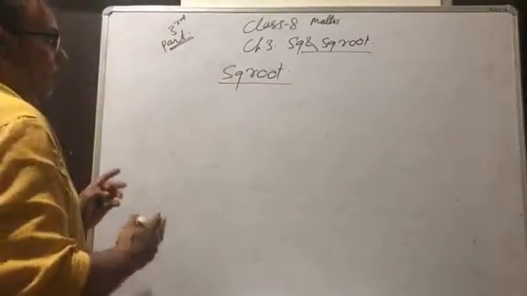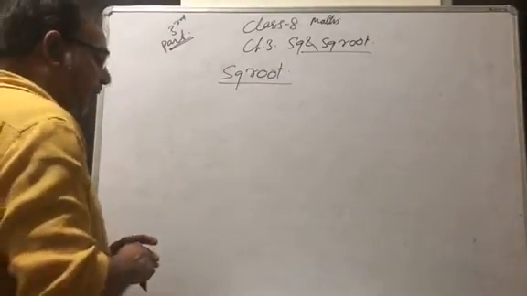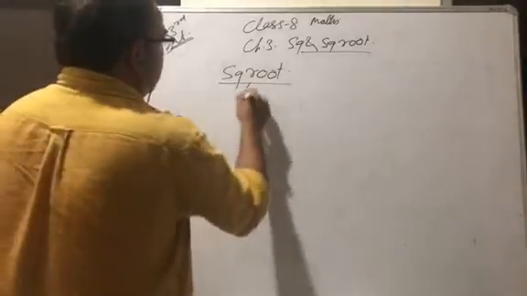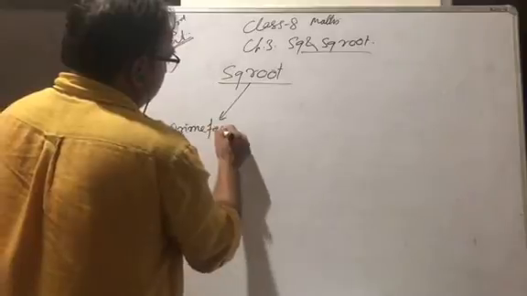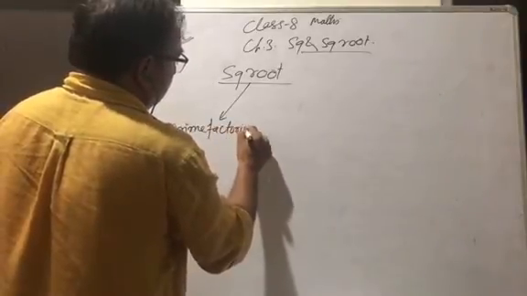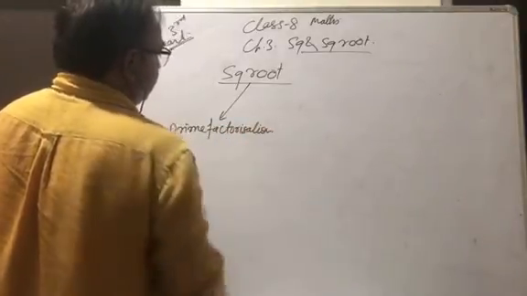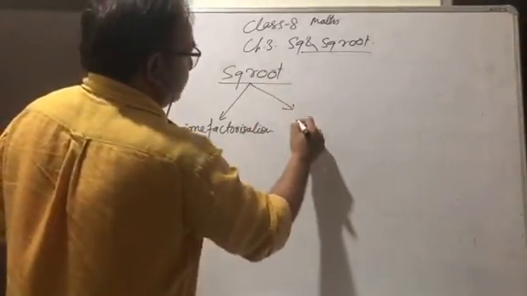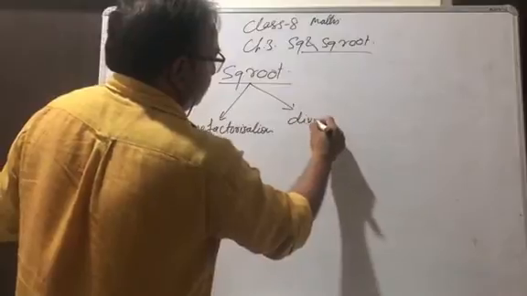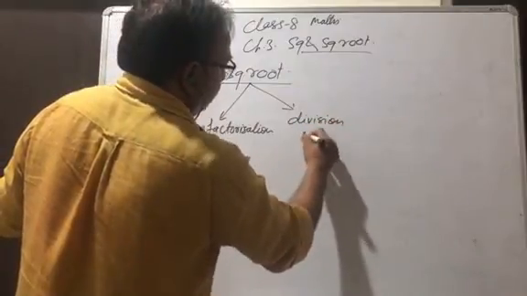Square root can be found by two methods. One is prime factorization, and the second is the division method.